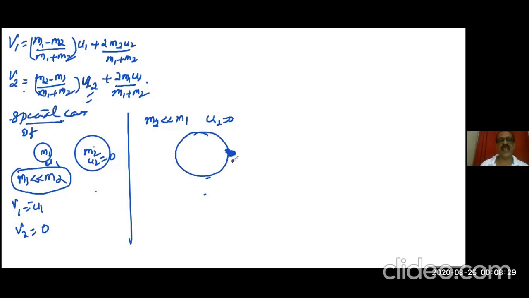This is M2, and it is at rest. This is M1 coming with U1 and hitting here. Then what happens? M1 is a huge body hitting a small body, and M2 is at rest, the target at rest. Tell me.